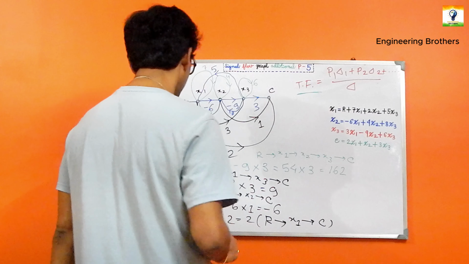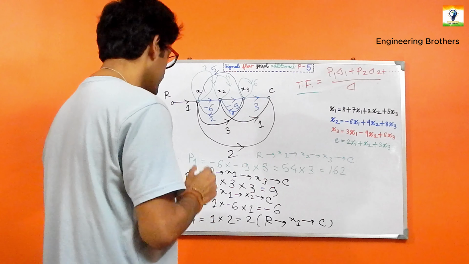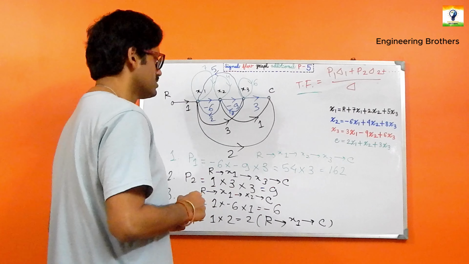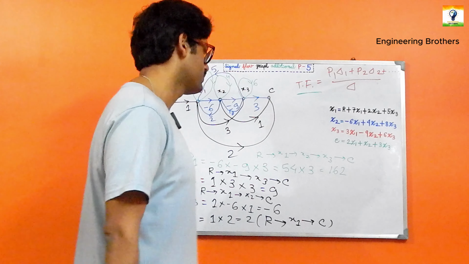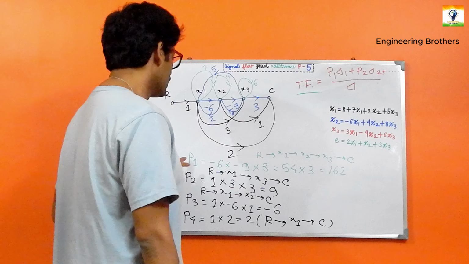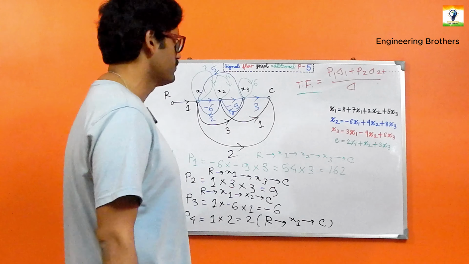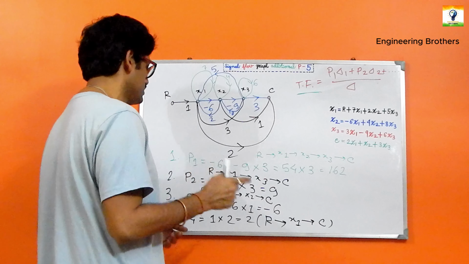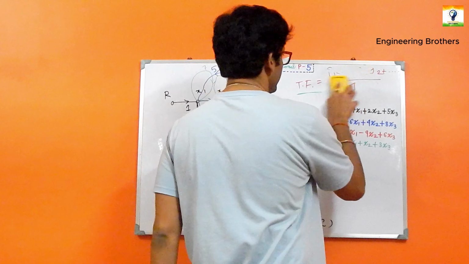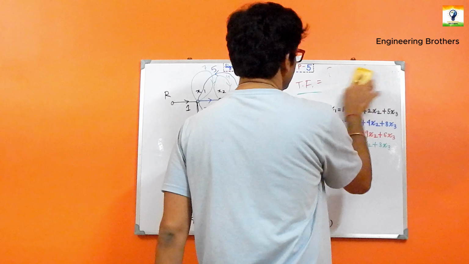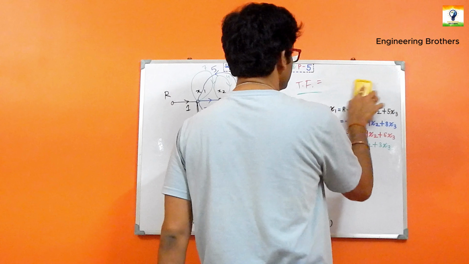Now these are the 4 forward paths that we have considered over here, and the modified transfer function for the present consideration will be P1 delta 1, P2 delta 2 plus P3 delta 3 and P4 delta 4. Now I am just going to modify our given transfer function for this present 5th problem.